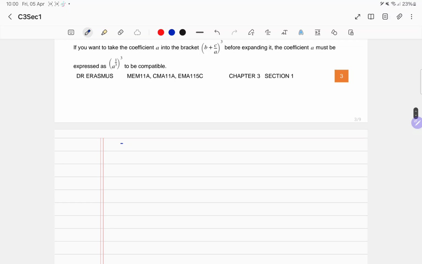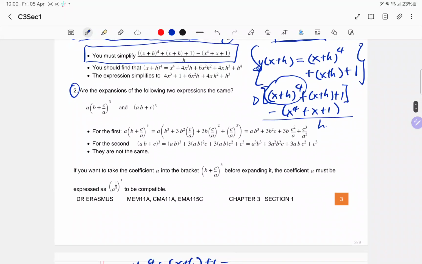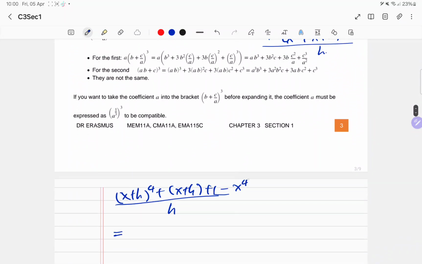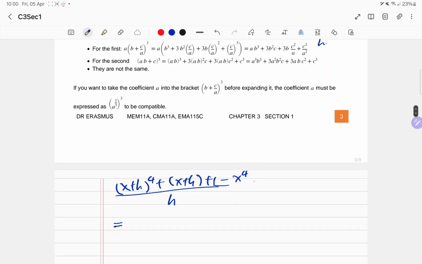So you should have x plus h to the power 4 over h. This is equal to, so actually you have minus y of x, we said it is x to the power 4 plus x plus 1.